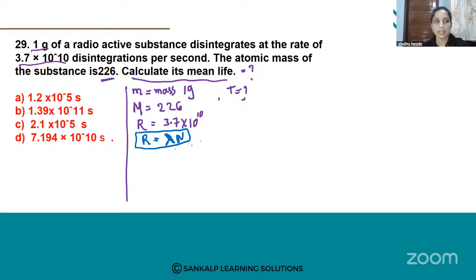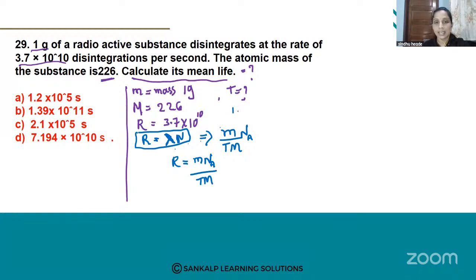To simplify this formula, you get m by capital M into NA, divided by T. This is the rearranged formula. So totally you get R is equal to m NA divided by T into M.